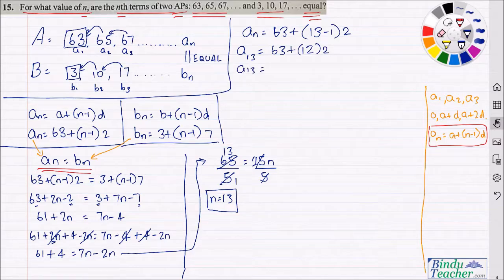A of 13 equals 63 plus 24. So 63 plus 24 equals 87. So a of 13 equal to 87.